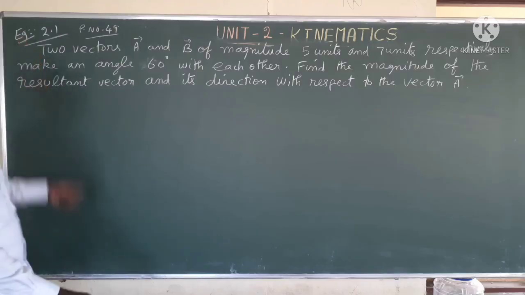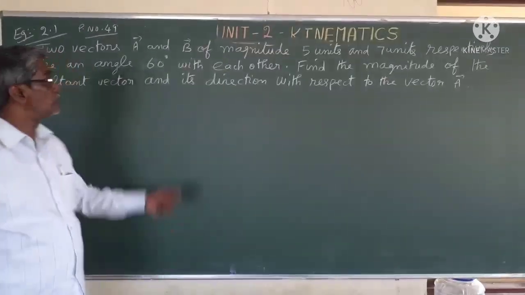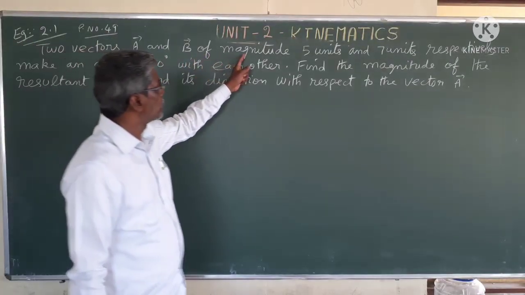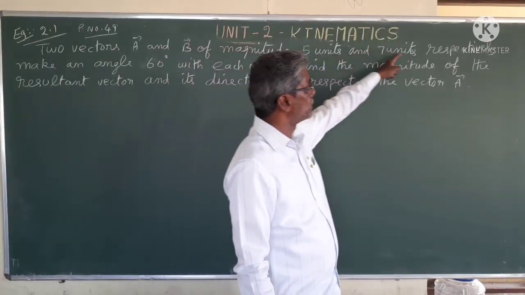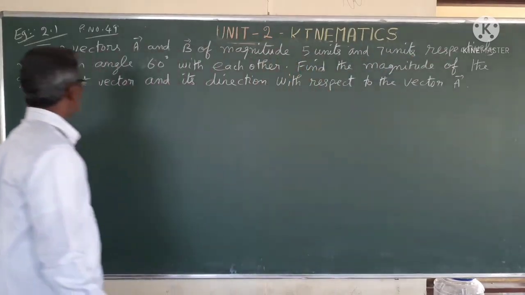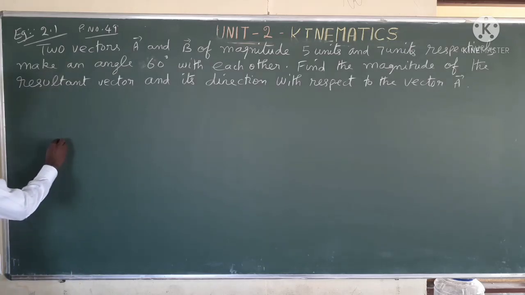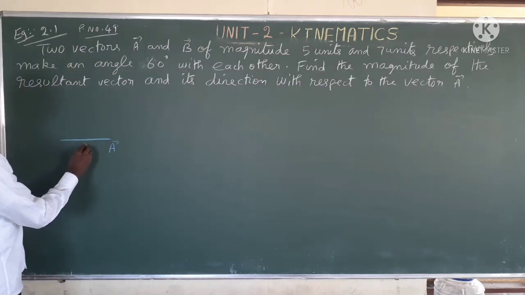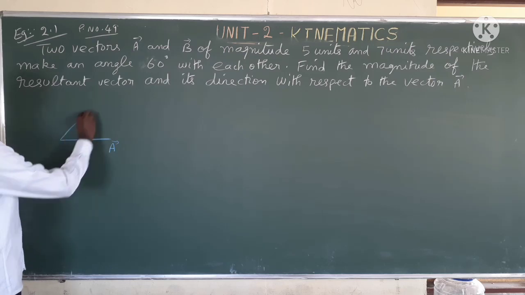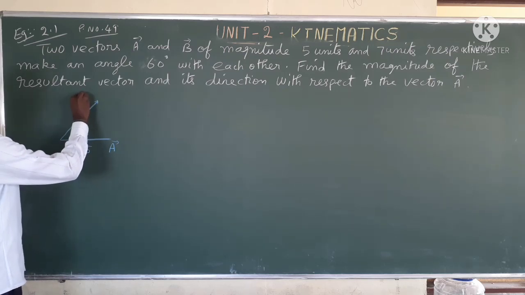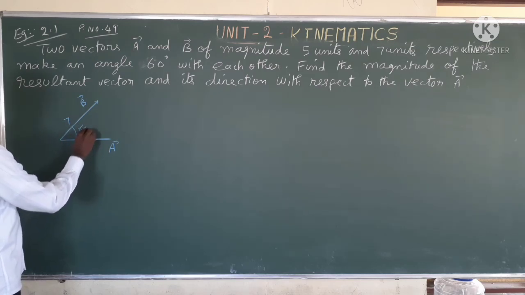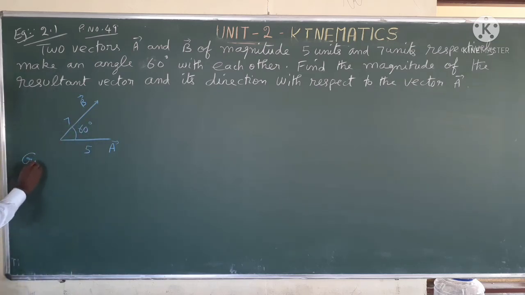Now you will see an example, that is example 2.1. It is given in your textbook, page number 49. Two vectors A and B of magnitude 5 units and 7 units respectively make an angle of 60 degrees. Now this is A vector of 5 units and this one is B vector of 7 units, and it makes an angle of 60 degrees. So what is given?